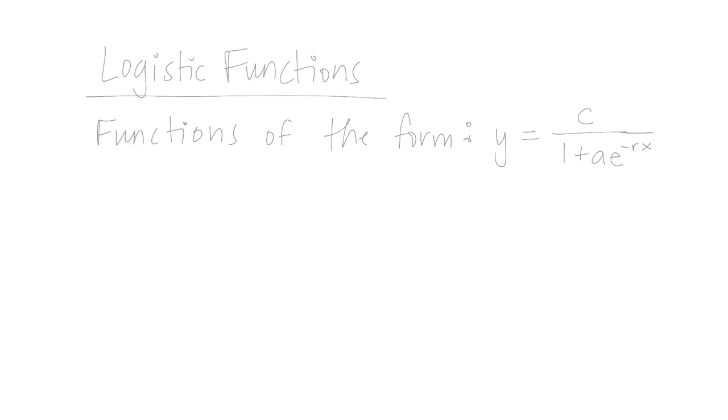So in the video that you just watched, this c here was called L. Different people call them different things. For your notes, these are the letters that I'm using. In this example, and any logistic function, a, c, and r are all positive constants.